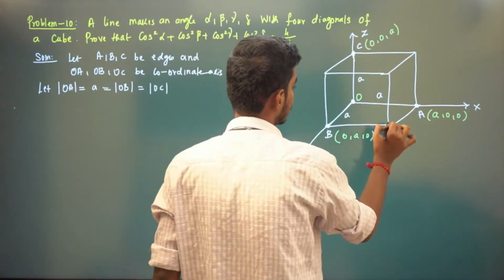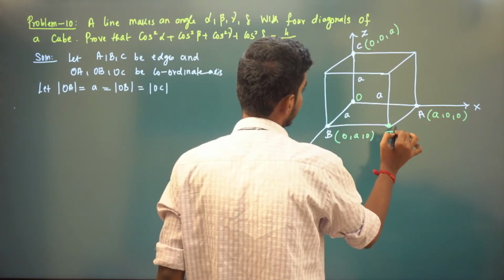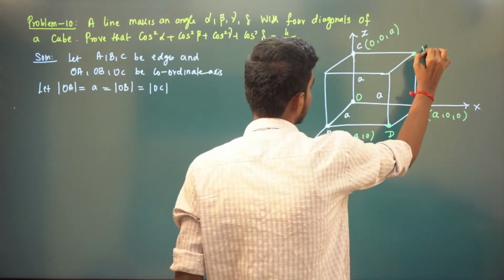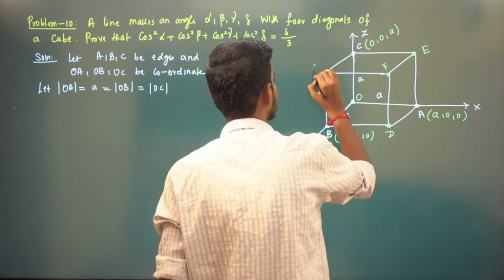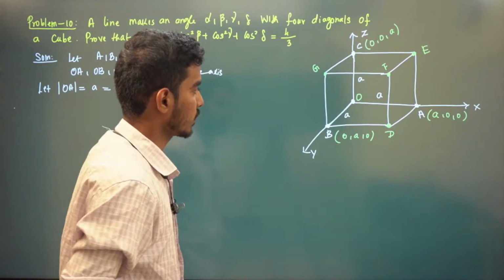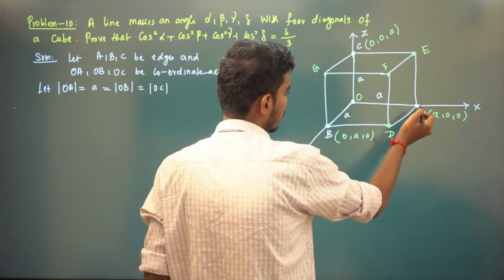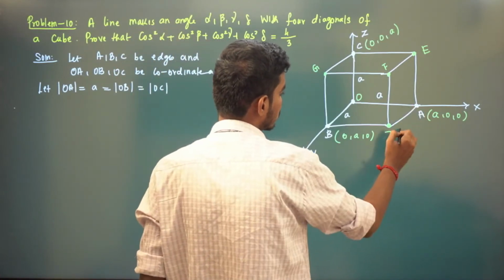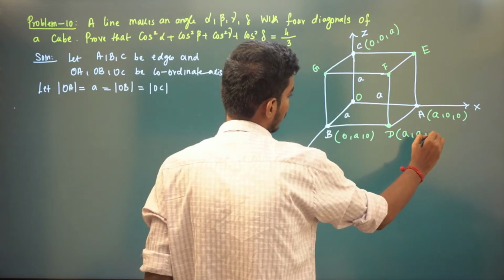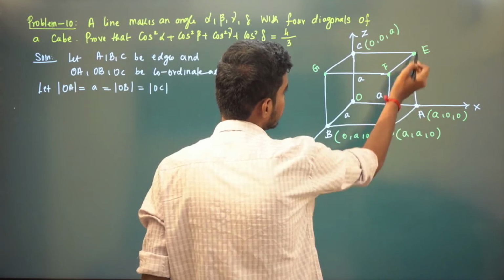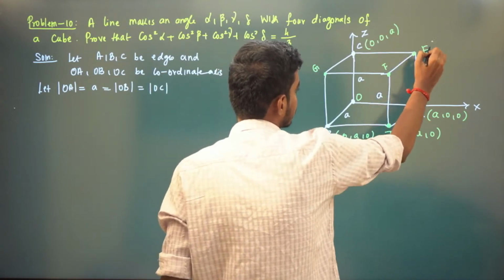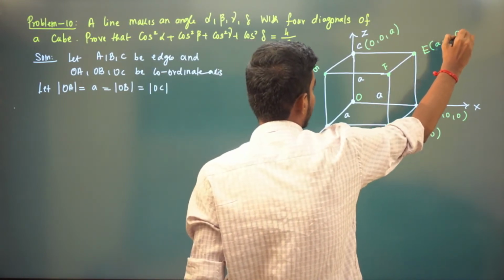So what about this point? This is our D, this is our E, this is our F, this is our G. Now D: we are at a, 0, moving a units in the Z axis, so a, 0, a.